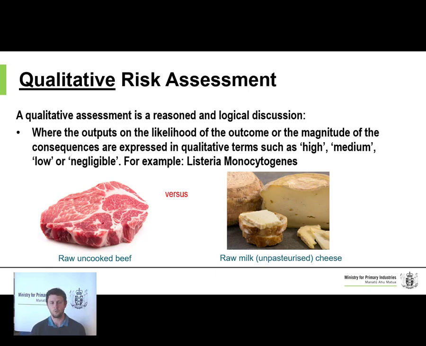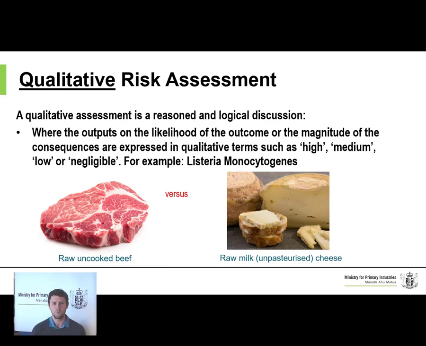For example, we come back to our example from last week, Listeria monocytogenes. So in the raw uncooked beef that a country might be importing, the likelihood of the outcome or the magnitude of consequence for raw uncooked beef, where you know that beef is likely to be cooked, is going to be very low or even negligible.